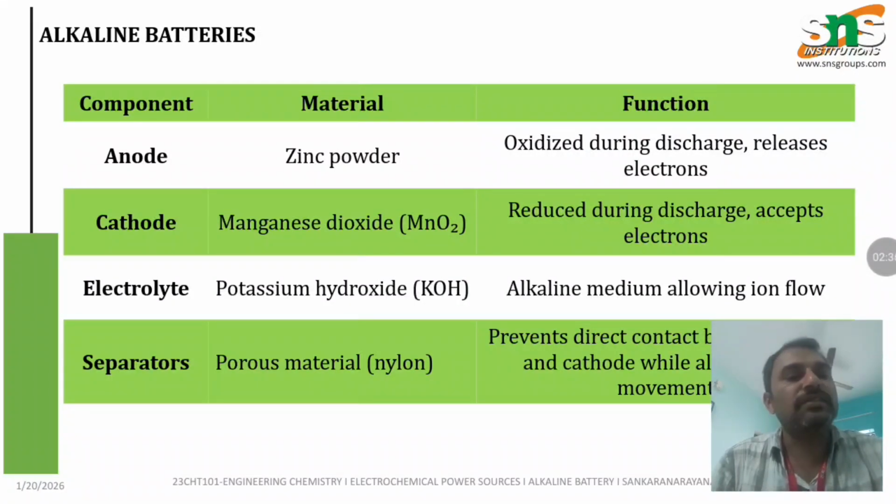And we are using a separator. If you open the battery, you can see the nylon material that restricts direct interaction with the cathode, but allows the ions through. That is why we use a porous material as a separator.